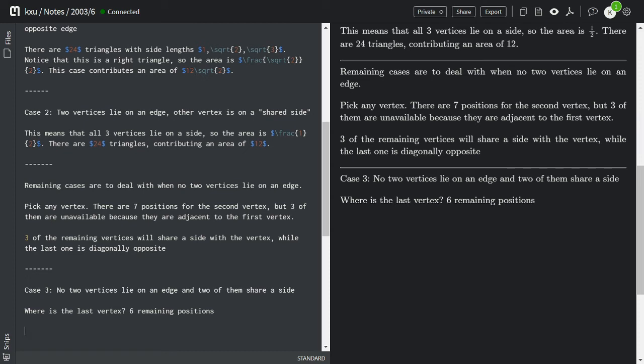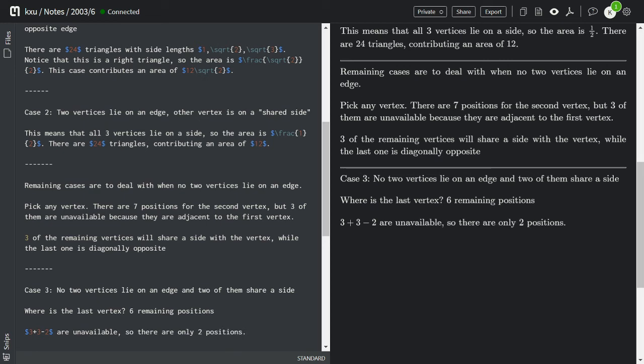And there, of the 6 remaining positions, 3 plus 3, so these are the ones that are adjacent to one of the 2 vertices, but -2 for overlap because they share a side, and thus they share a side with 2 other vertices as well. So 4 of these are unavailable, so there are only 2 positions.